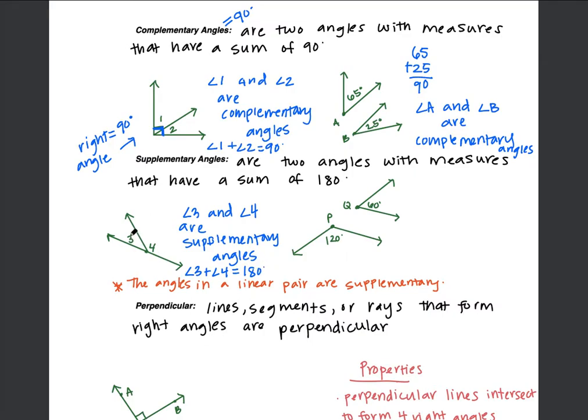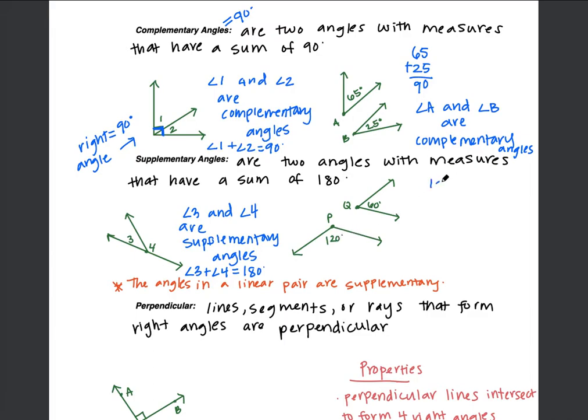And I don't know what angle 3 is. Like, I don't know how many degrees it is, and I don't know how many degrees angle 4 is, but I know together they add up to equal 180 degrees because, again, we have a straight line right here. This straight line is 180 degrees. A straight line is always 180 degrees. Okay. Now over here I have angle P and angle Q. Angle Q is 60 degrees and angle P is 120 degrees.